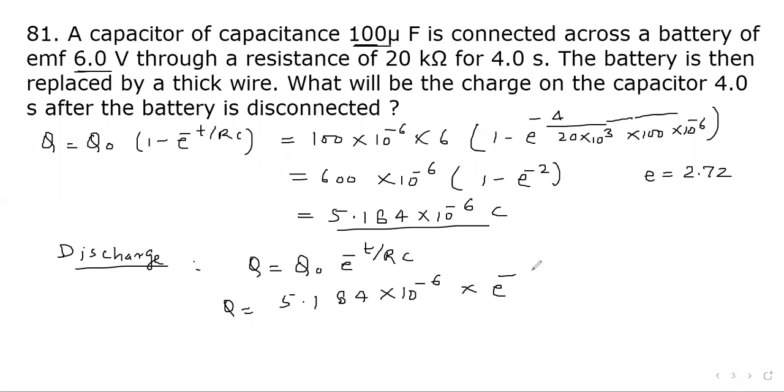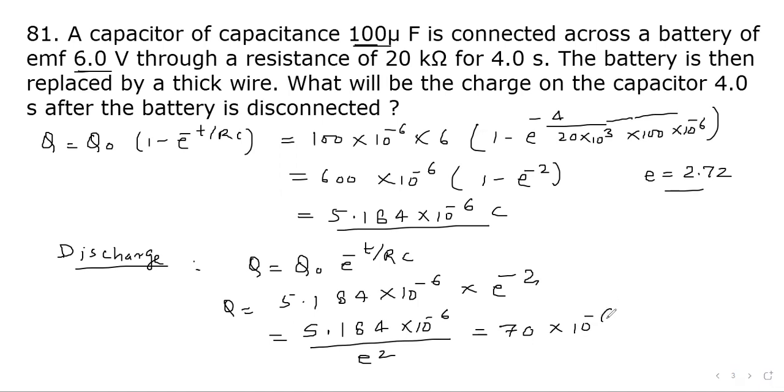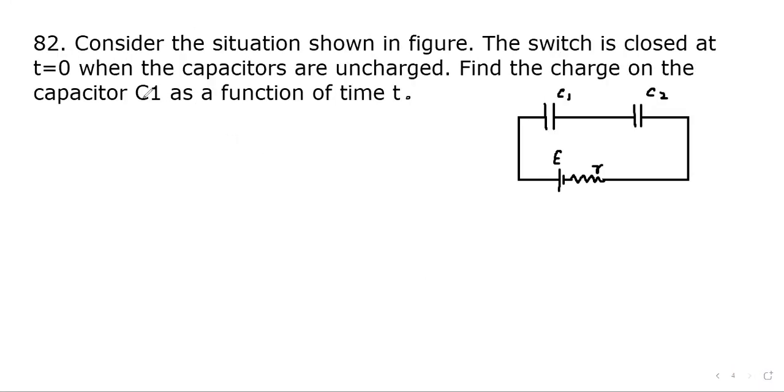And t upon RC will be same as above, so e to the power minus 2, or 5.184 into 10 to the power minus 6 divided by e square. And we put the value of e, so we will get approximately 70 into 10 to the power minus 6 coulomb. So that's our answer.